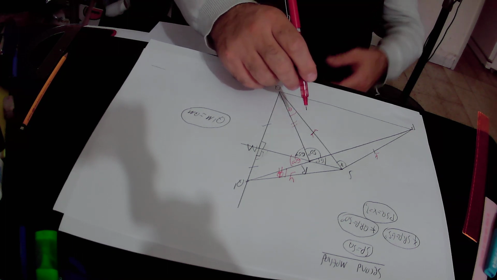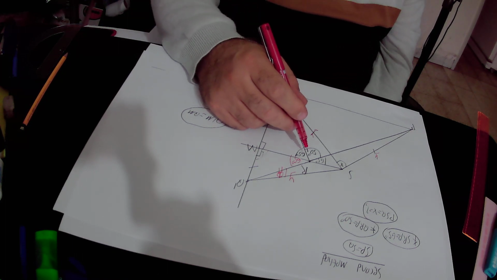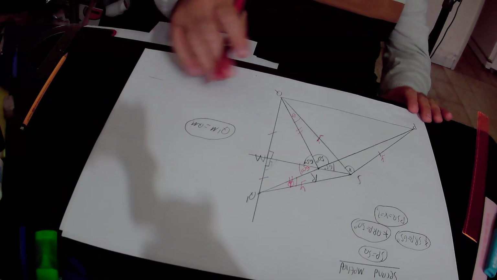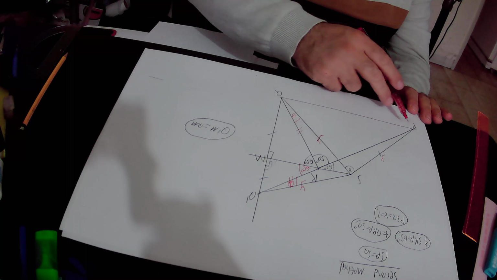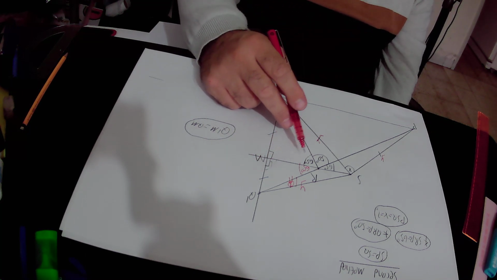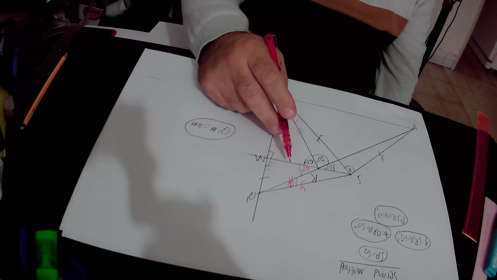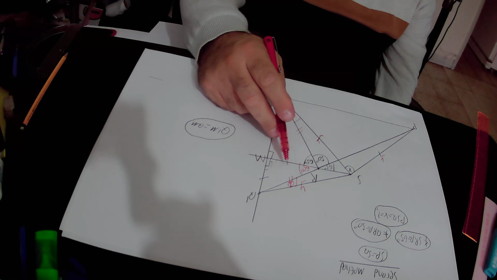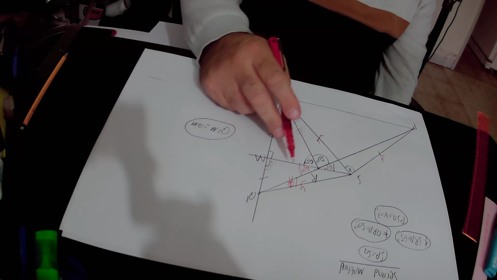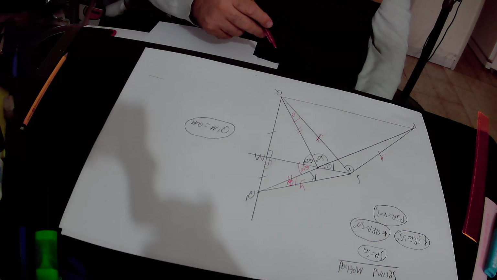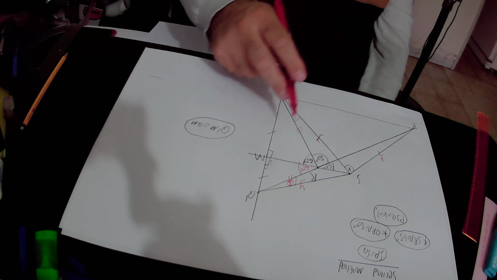We will check the size of angle PRQ dash, and if the size of angle PRQ dash is 180 degrees, then we can conclude that PRQ dash is a straight line. That is to say, PQ dash is a straight line. So, what is the size of angle PRQ dash?